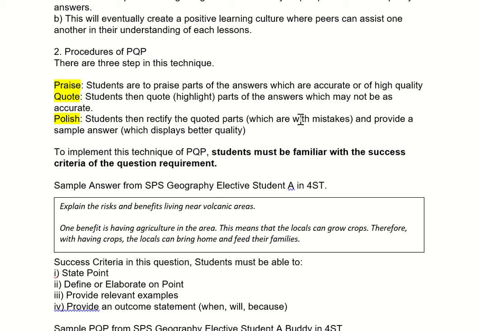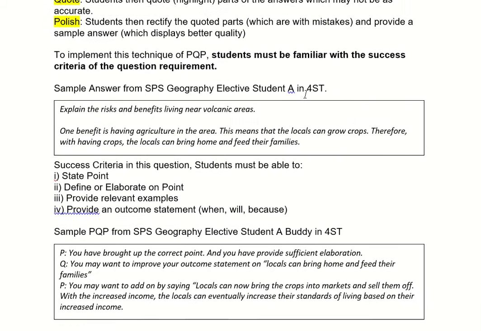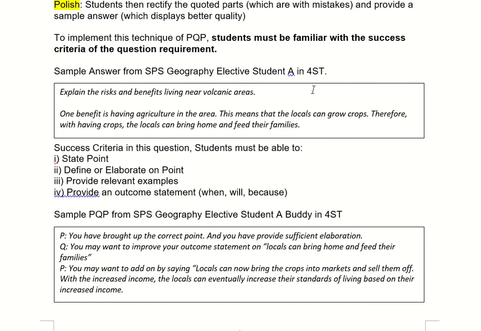When I say missing, it is because we are following the success criteria. For example, if we talk about the skill of inference, they might have evidence, they might have elaboration or explanation, but they don't have a proper inference. So it's not inside the answer. That's where your polish comes in. Then I'll give you guys a sample on how the geography elective students are doing their PQP.